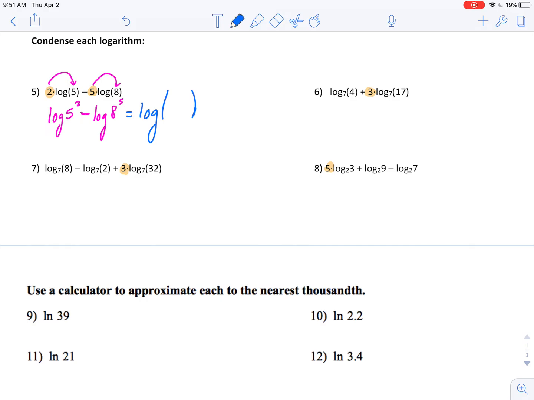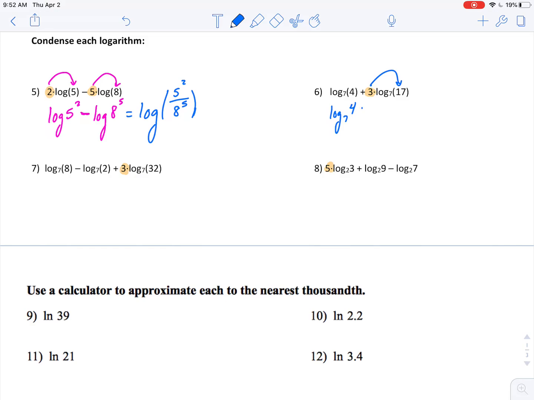So a single log, and since I'm subtracting, what operation is going to go with subtraction in here? That's going to end up being division, and again what we do is we take left to right, 5 squared divided by 8 to the 5th.